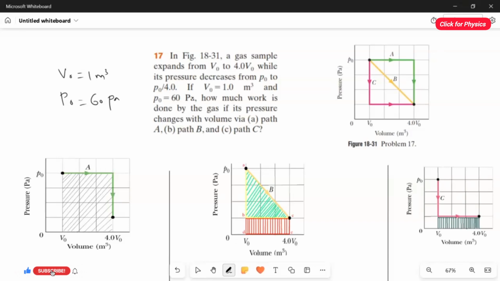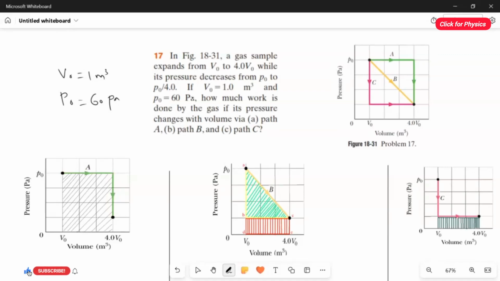So what we have to do here is find the work done by the gas in path A, the work done by the gas in path B, and likewise the work done by the gas in path C. For getting this answer, it's very easy. If you consider the area under each path, you will get the answer for each question.